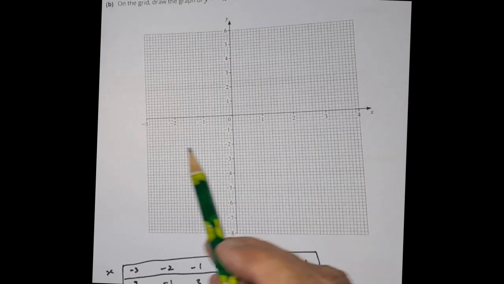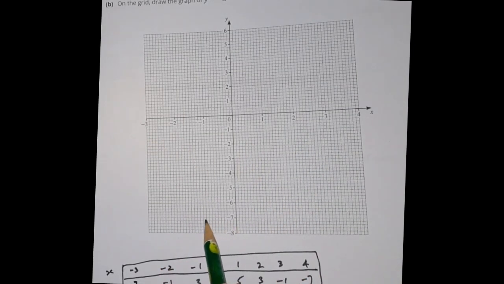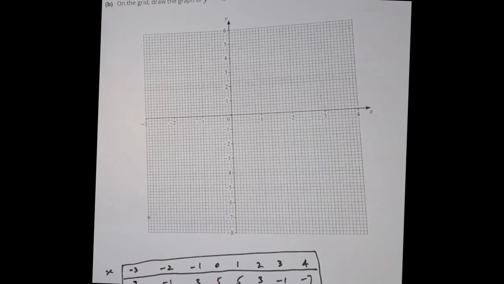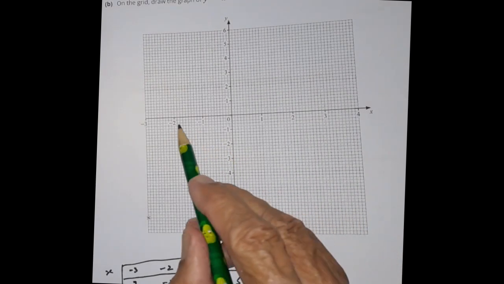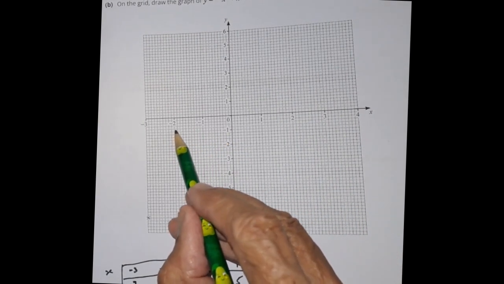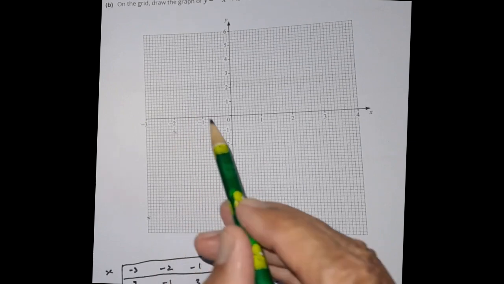Minus 3, minus 7, this is minus 3, this is minus 7, so we have a point here. And minus 2, minus 1 is going to be this point, and we draw a cross here.